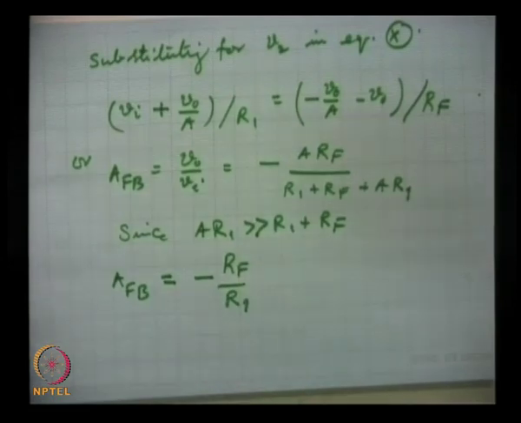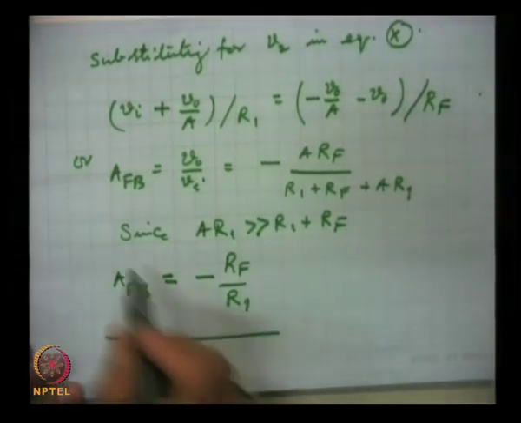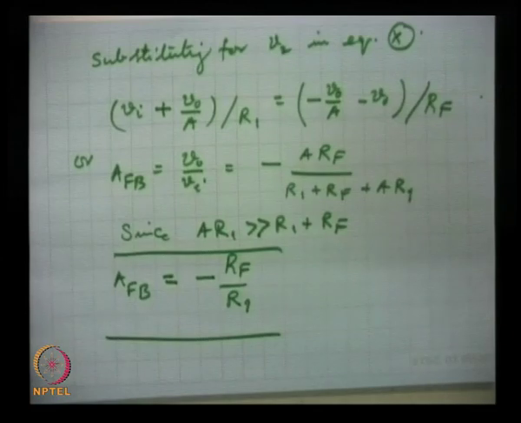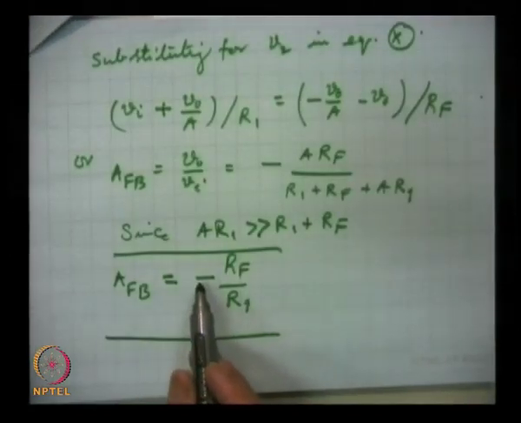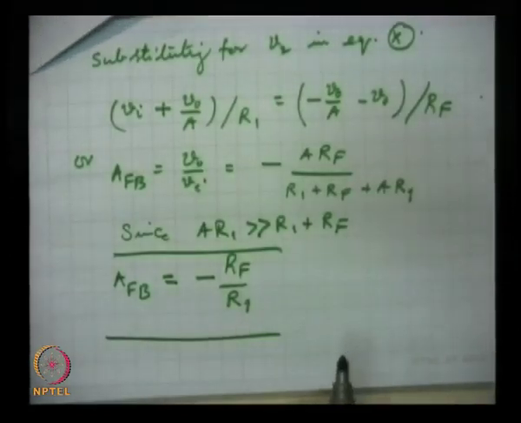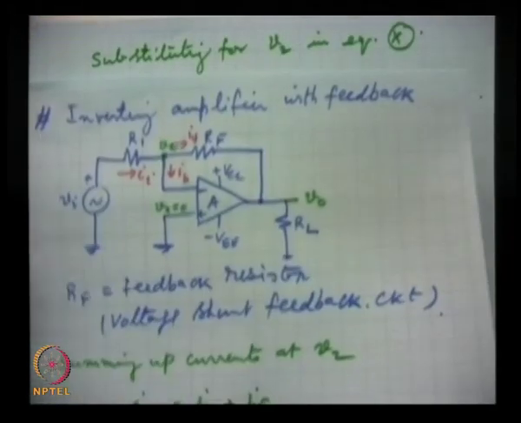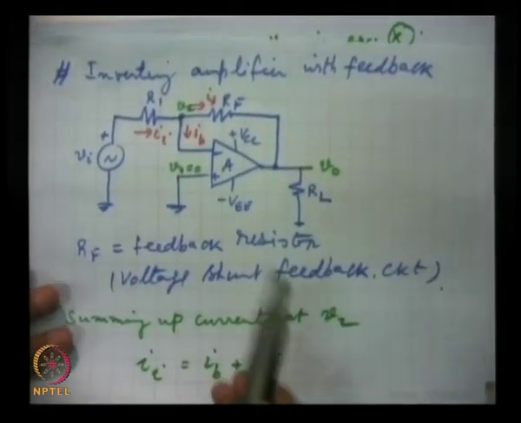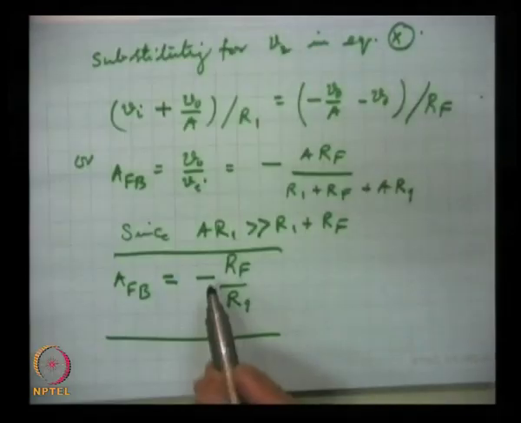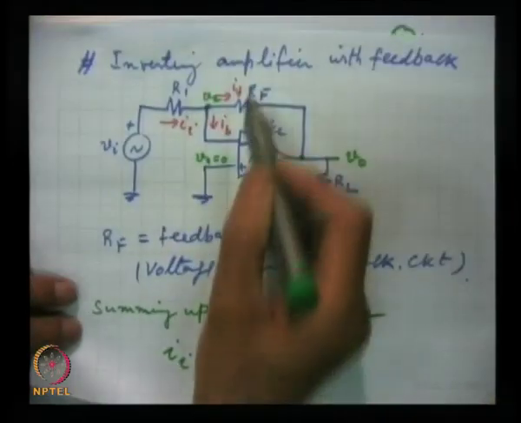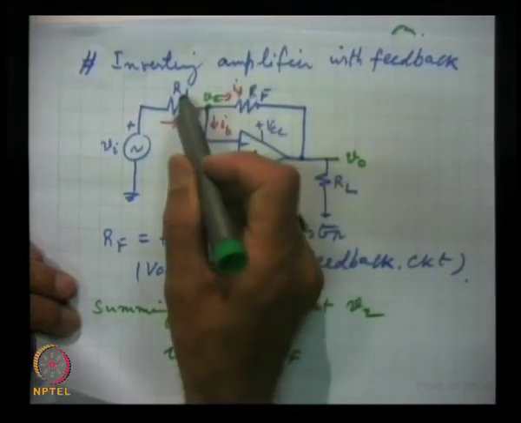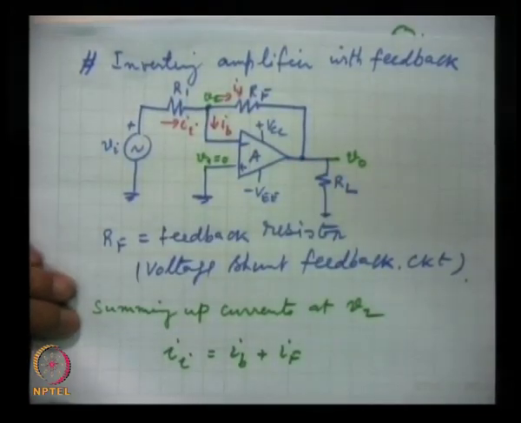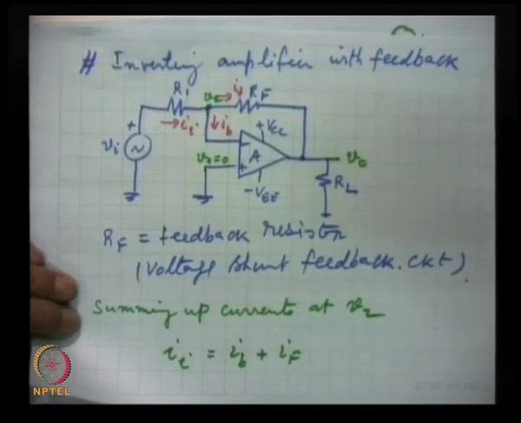How simple it is. The expression for the gain of this inverting amplifier, this of course, the sign shows the inversion, as we expect because it is an inverting input. Hence this sign indicates that, and just choose the desired ratio RF by R1 required to obtain the desired gain.